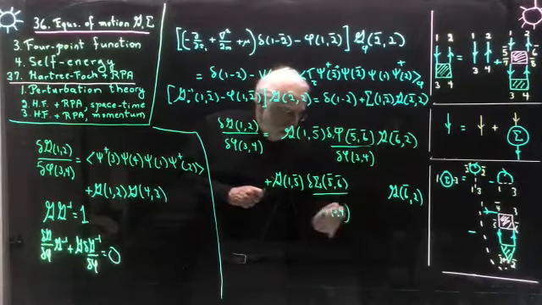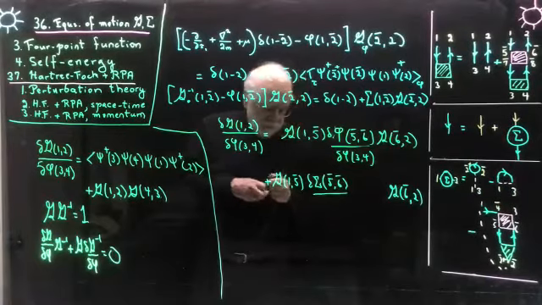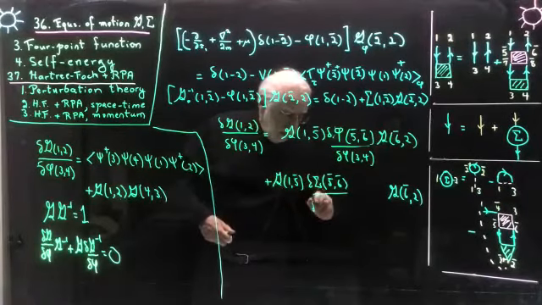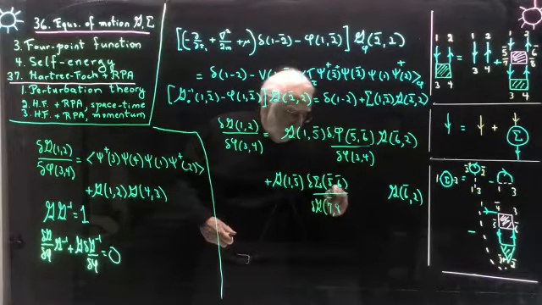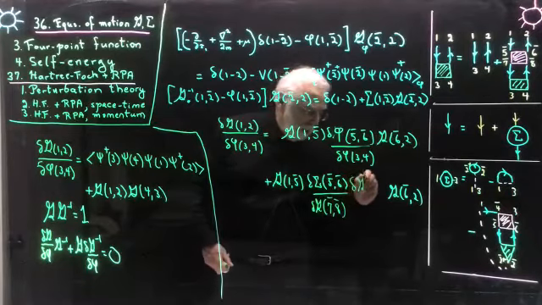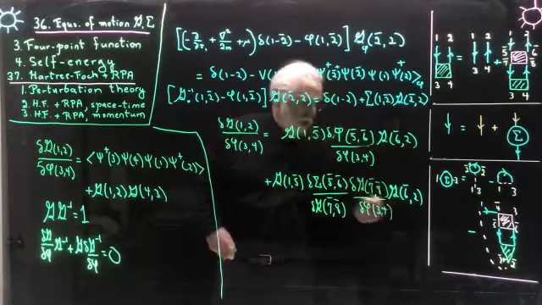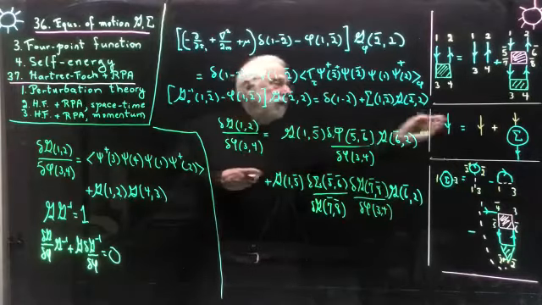So this is delta sigma 5 bar 6 bar over delta G 7 bar 8 bar times delta G 7 bar 8 bar over delta phi 3, 4. Okay, so we have derived this equation.